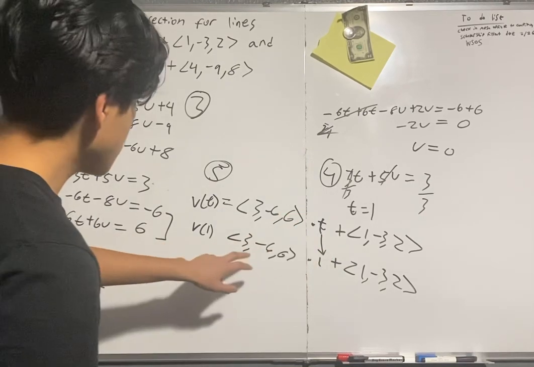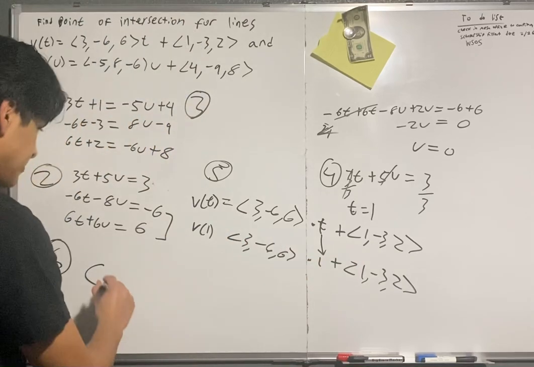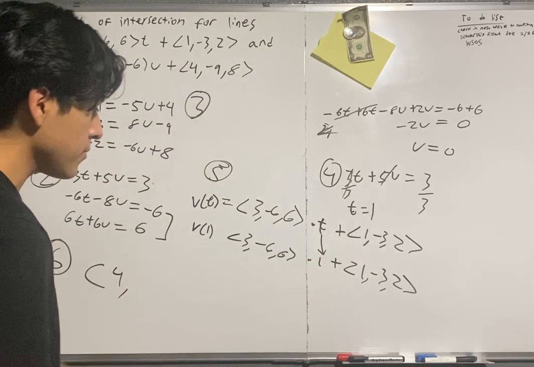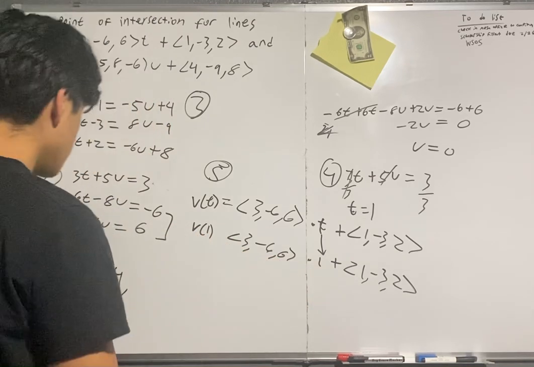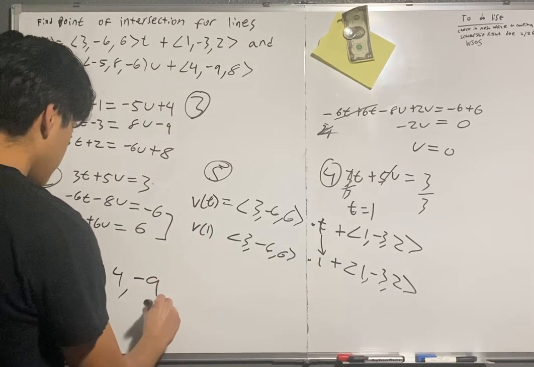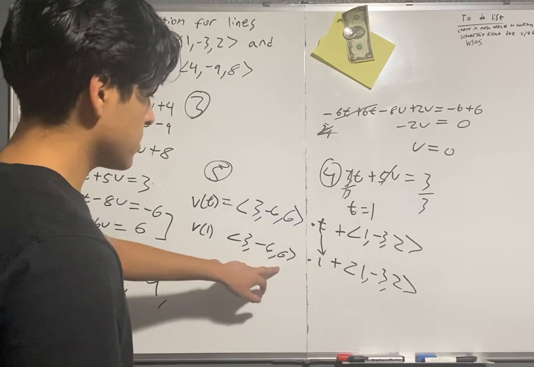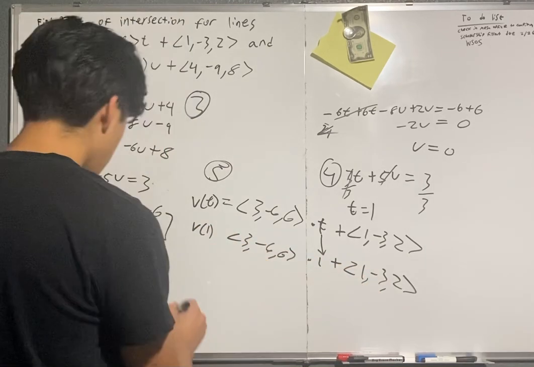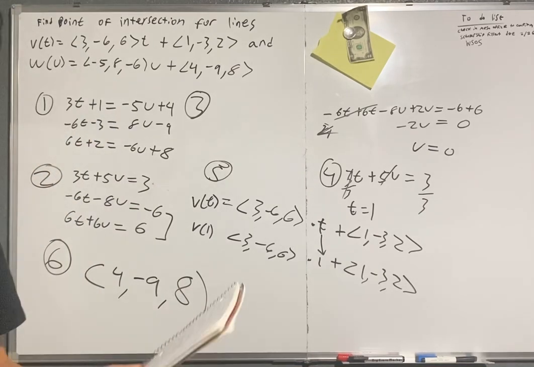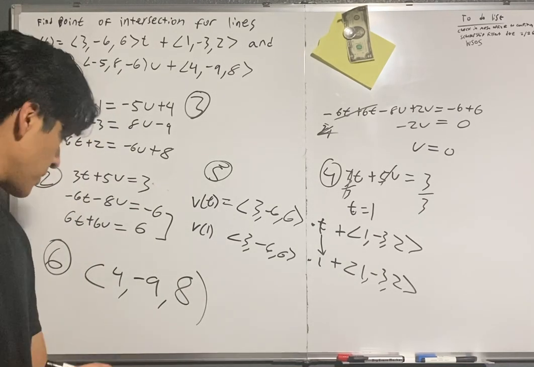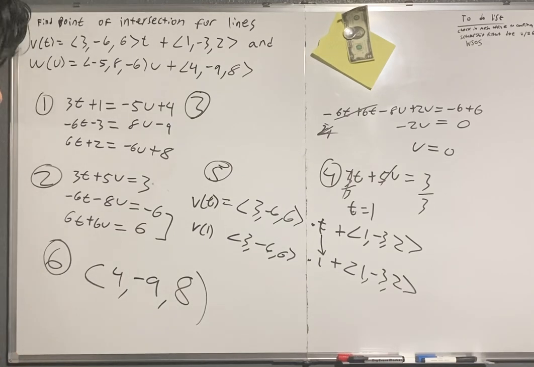Oh, adding them, yes. 3 plus 1, 4. Negative 6 plus negative 3, negative 9. And 6 plus 2, 8. I think that's right. 4, negative 9, 8.